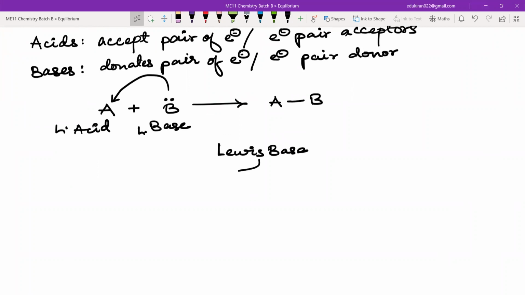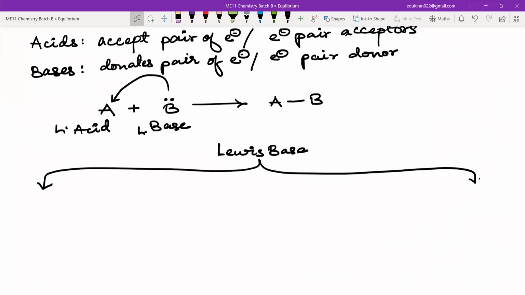There will be neutral atoms, neutral molecules or atoms, neutral species with at least one lone pair.